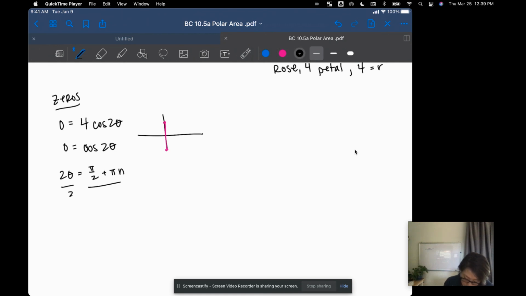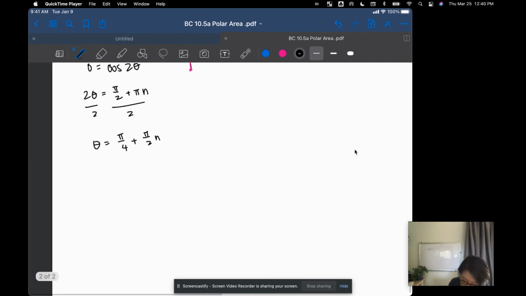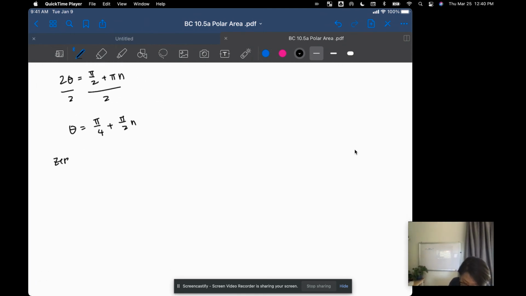Then to get theta by itself, I'm going to divide by 2, giving me pi over 4 plus pi over 2 n. So I'm going to have a 0 at theta is equal to pi over 4, add pi over 2, which is 3 pi over 4, 5 pi over 4, and 7 pi over 4.